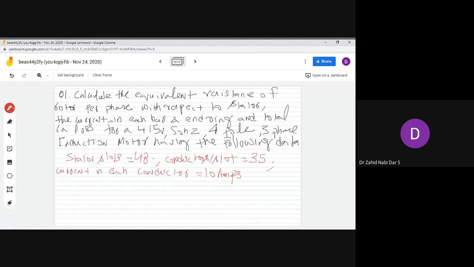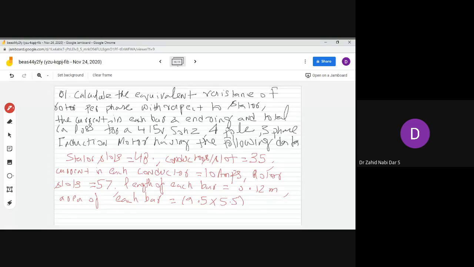Rotor slots is equal to 57. Length of each bar is equal to 0.12 meter. Area of each bar is equal to 9.5 into 5.5 millimeter square.